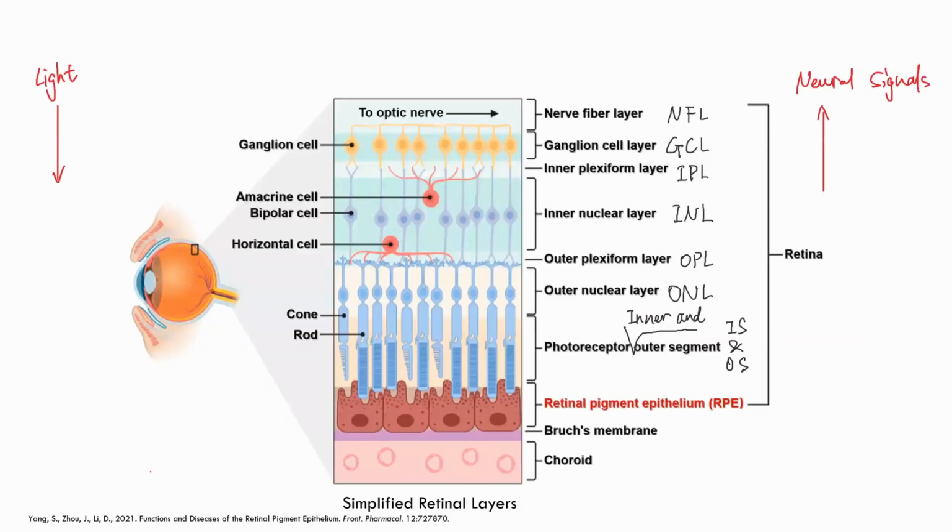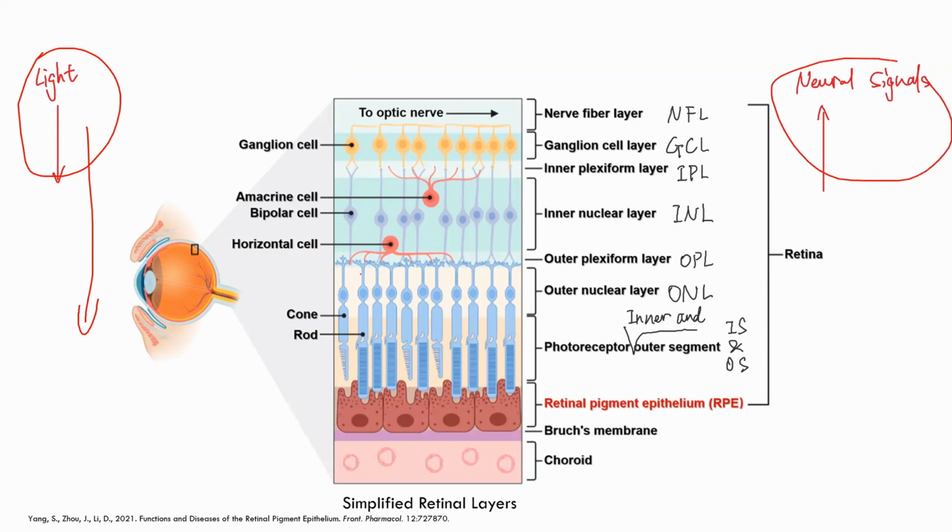As you can see, we have many layers in our retina, and normally the light signals will be transmitted from the inner retinal layers to the outer retinal layers, basically in this direction, all the way to the bottom. And the neural signals are right opposite to the direction of the light.